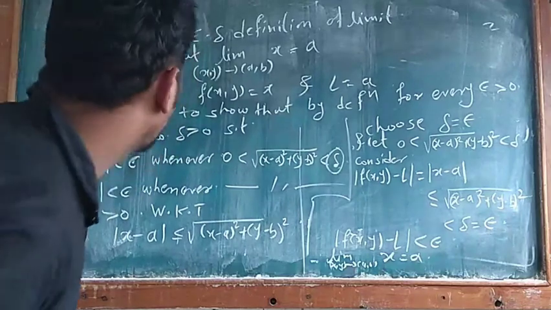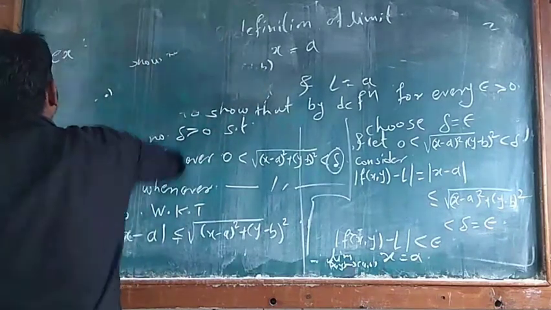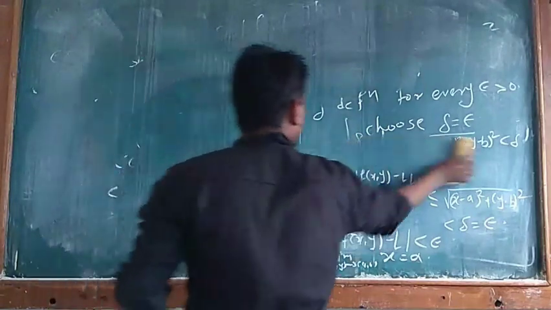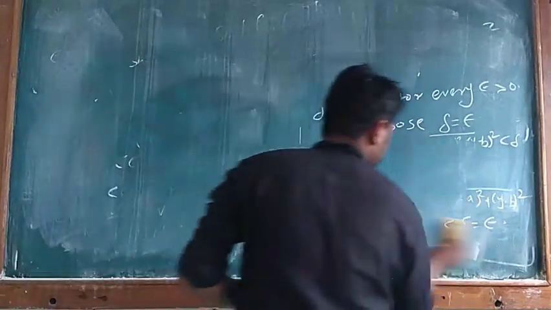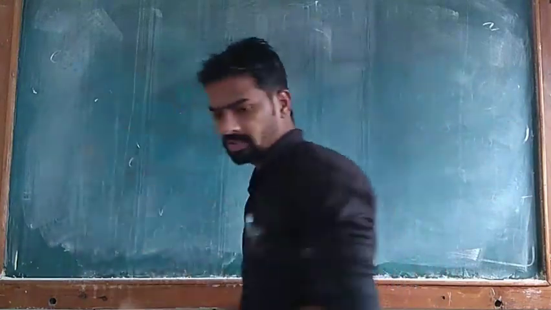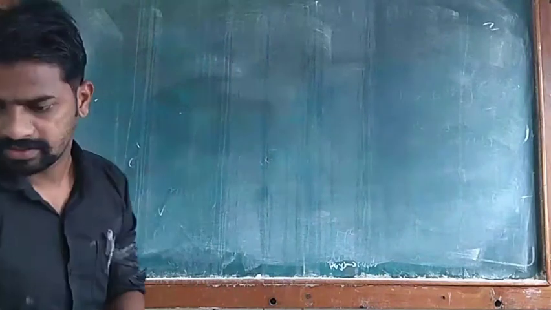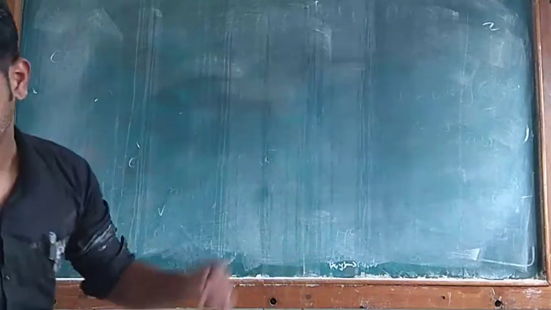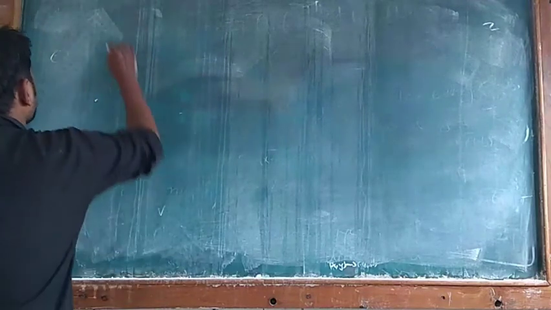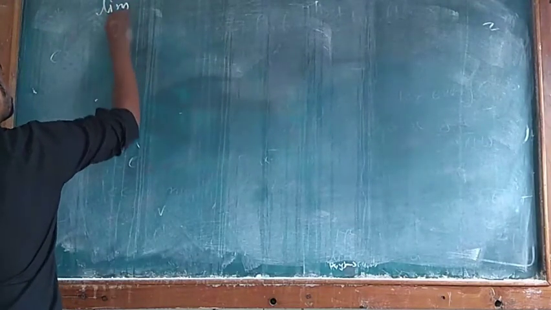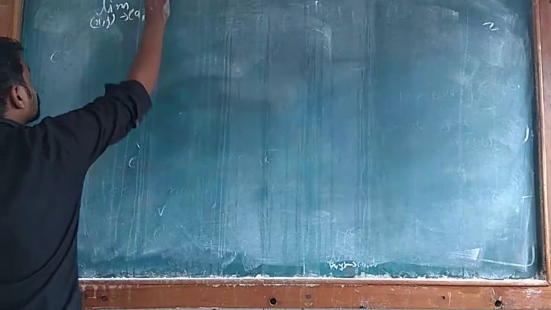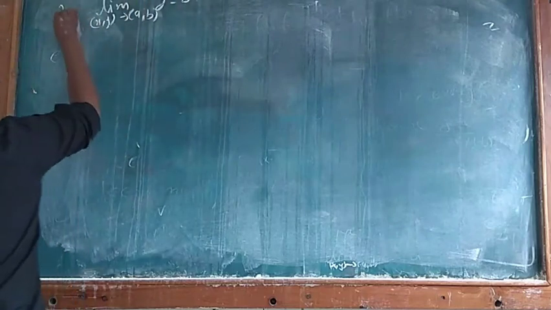Okay, now we can take the next example. Similarly, the next example is the limit as (x, y) tends to (a, b) of y is equal to b.